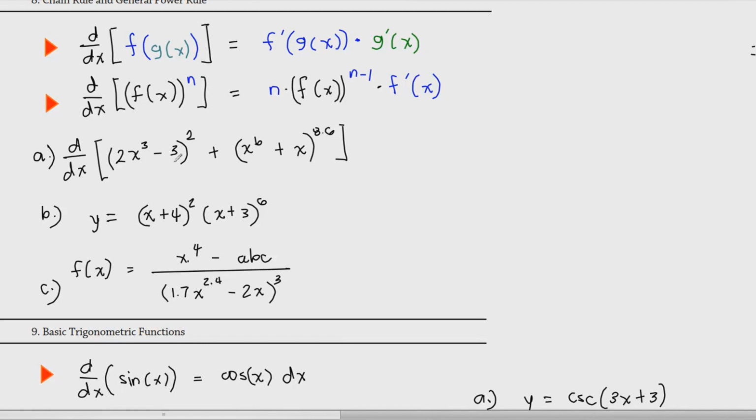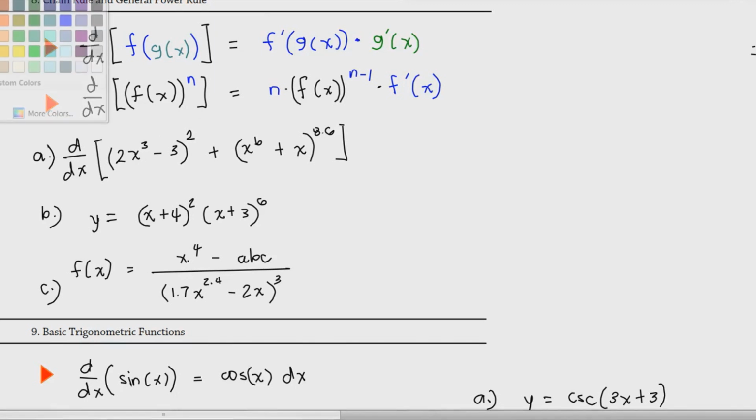First, this is a sum, since we have a separating operation here that is plus. This is a general power rule because we have a function here. And of course, since it is a general power rule, it is indeed a chain rule.